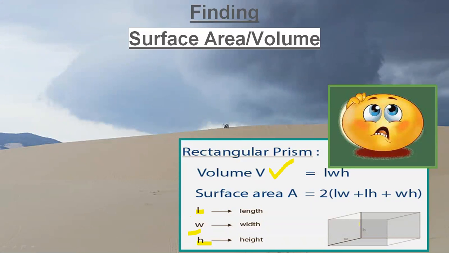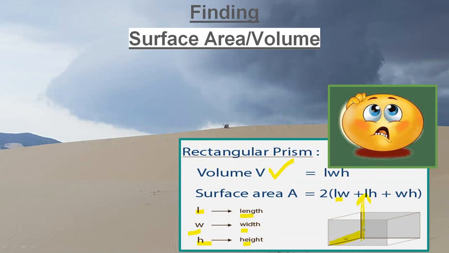So what we have to do, we know about it, length, width, height. First, we have to write it. What is length? What is width? What is height? I know this is the width because this gives you how much its width is, and this gives you always height.